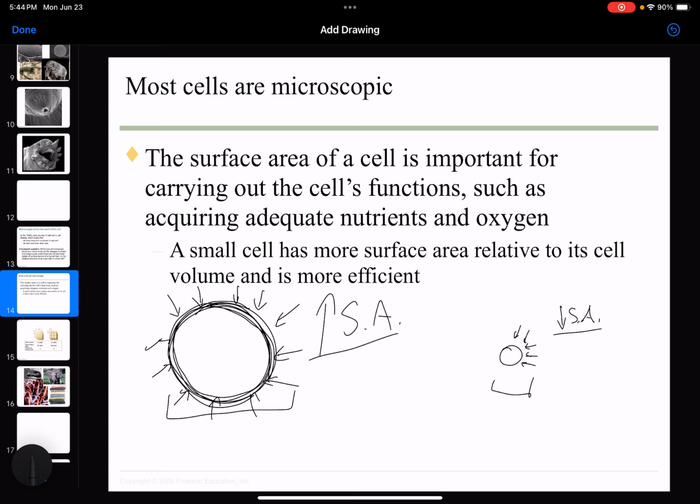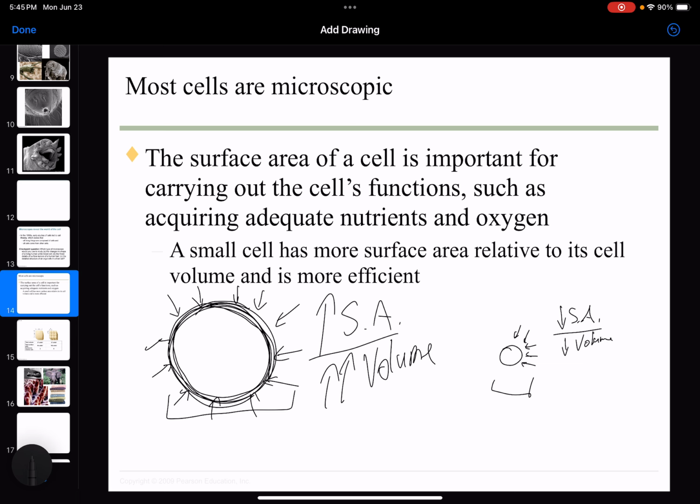Okay, but as the cell gets bigger, the volume gets massive. So now I'm using double arrows to indicate that the volume is way, way big now. And with the cell that is smaller, the volume is also small, but not tiny, tiny.